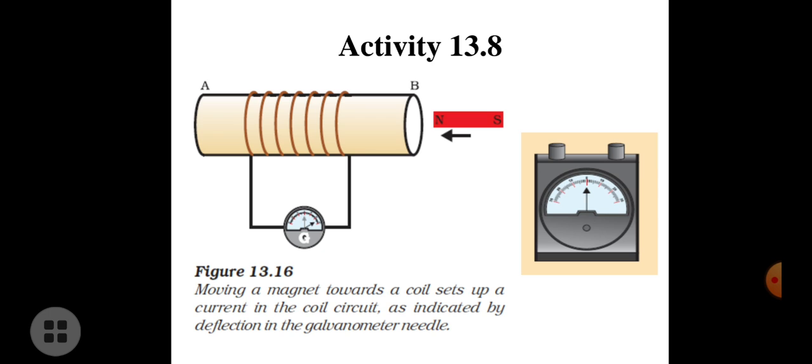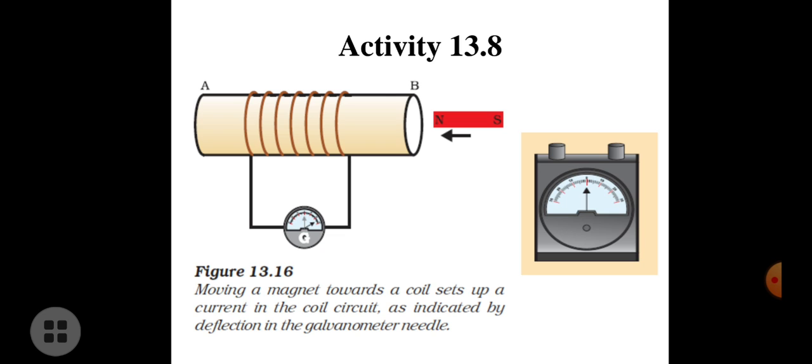We'll take a coil and connect a galvanometer with this coil. What is a galvanometer? A galvanometer is a very sensitive device which detects the flow of current in the circuit and also tells us the direction of current flowing in the circuit.